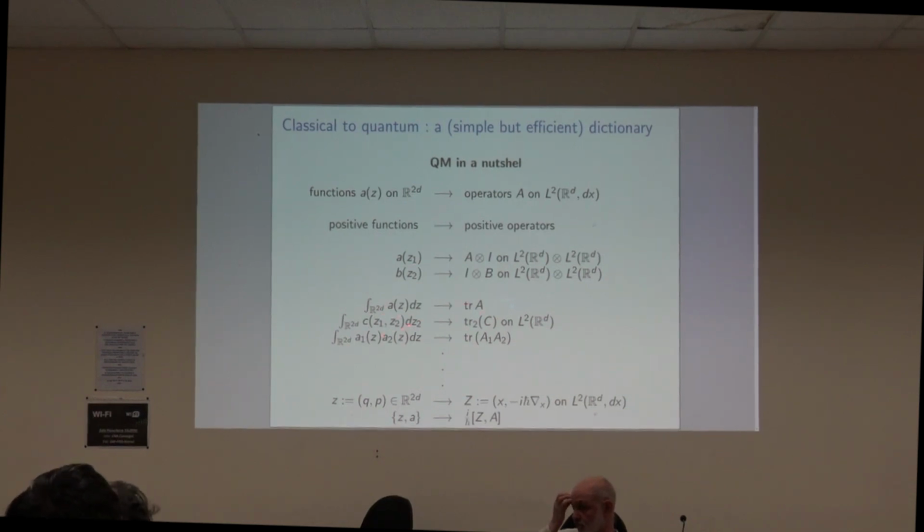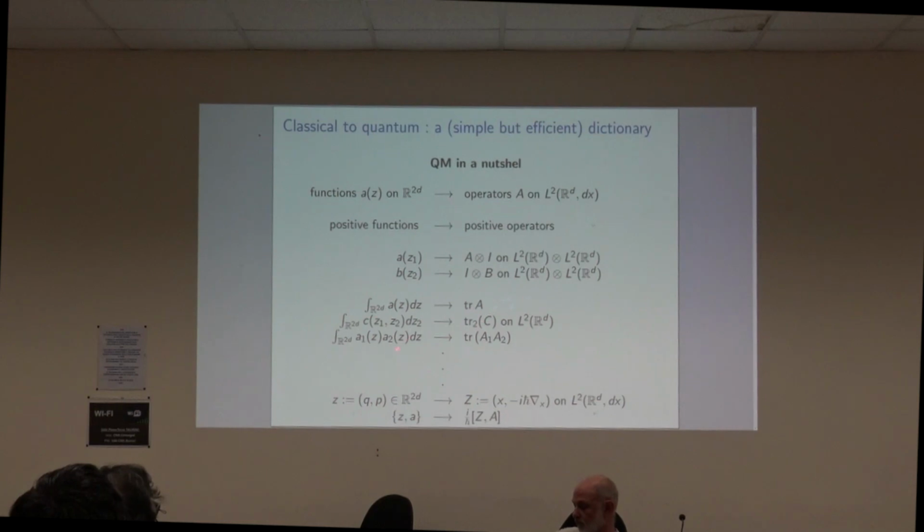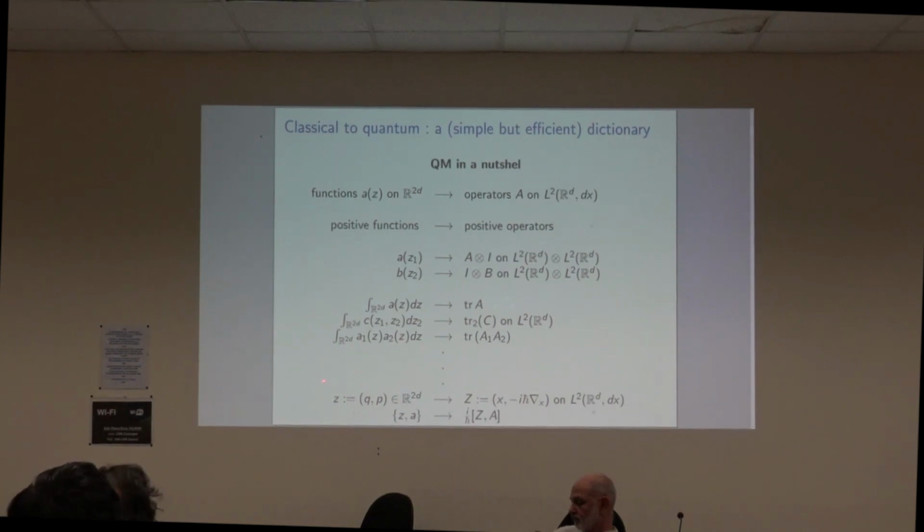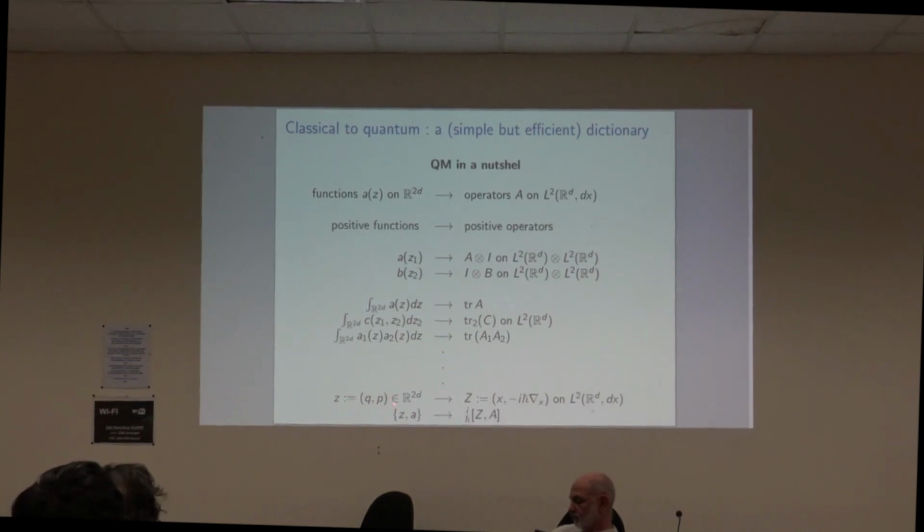The integration of the product of two functions corresponds to the trace of the product of A1 and A2. It stops at 2. If you take the integral of the product of three functions, it's not equal to the trace of the product of the three. Anyway, what I need to finish is that I will call Z a point in phase space.